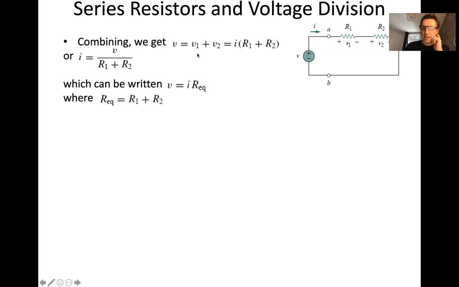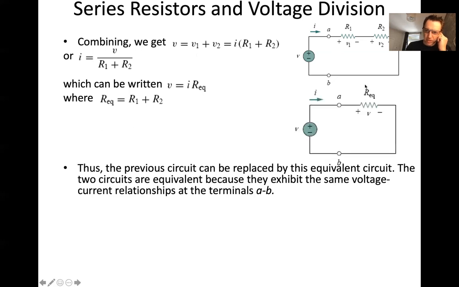And what that means is that the equivalent resistance of R1 and R2 is equal to R1 plus R2. So when the resistors are in series, you add up their resistances and you can combine them into a single resistor, which we're going to call R_EQ.